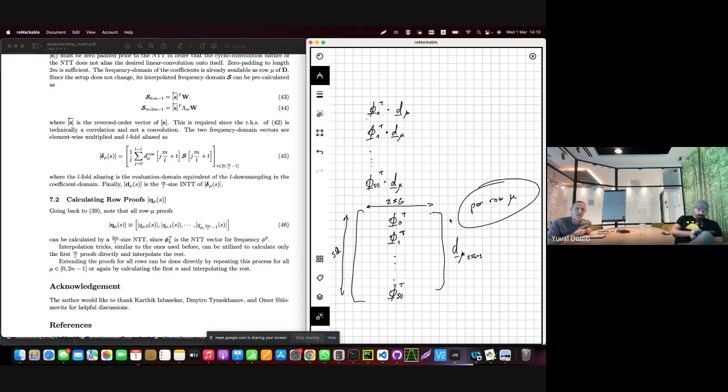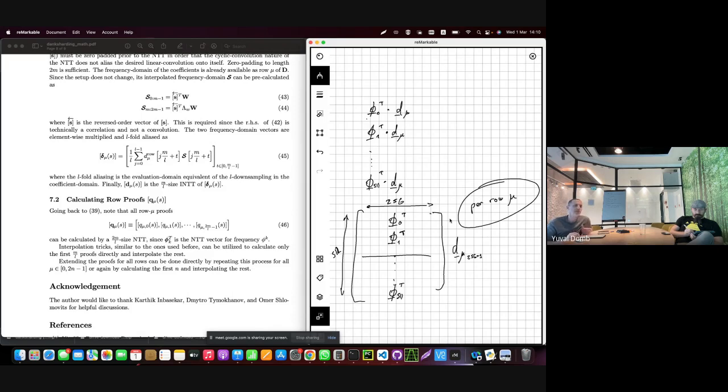So actually, if you think about it, you can create 256 and then interpolate them, in the same way that we did. So we can do the first half, and once we've created the first half of these proofs, we can create the second half of these proofs per row by just interpolating the first half.